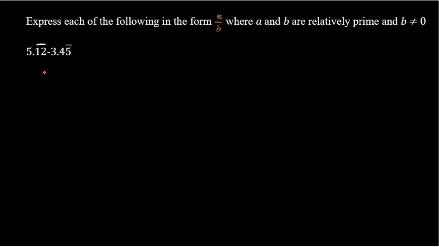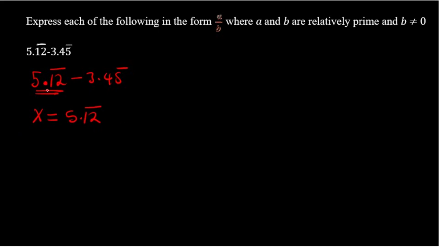So on this question, what you do, this is 5.12 repeating minus 3.45 repeating. The numbers that are repeating here are what? It's 1 and 2. So the first rule that we said is that if a number is repeating, we check the point. If the point is in front of the number that is repeating, which we have already seen here, the first equation will just be this.